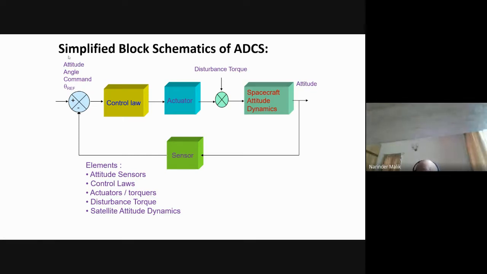This is the target command, and this measures the actual. So take the difference, and the control law in response to this difference will generate a certain control demand, which will be asked from the actuator. Actuator will produce control torque, disturbance torque is there, and the spacecraft will move in response to both these things.